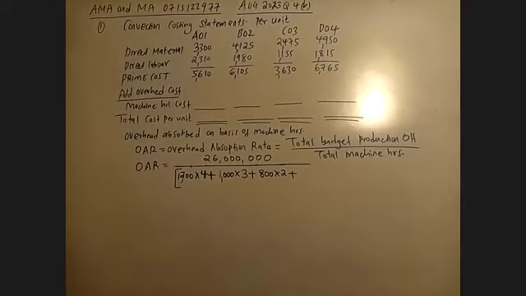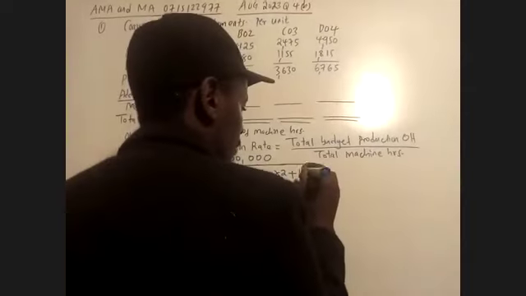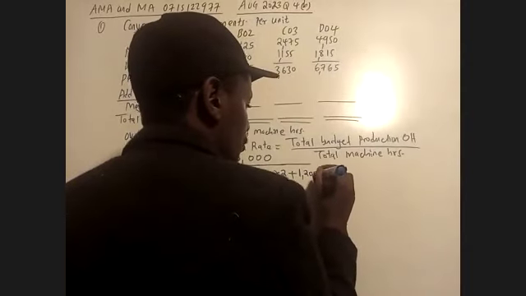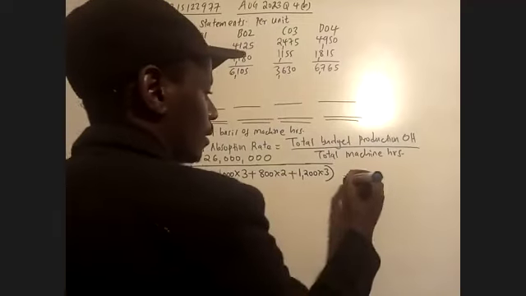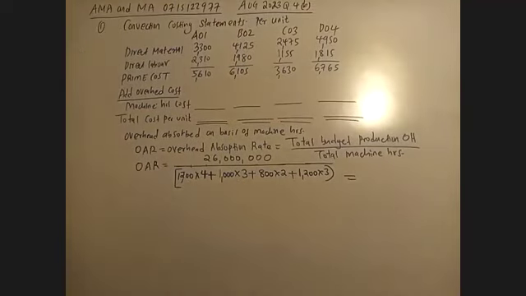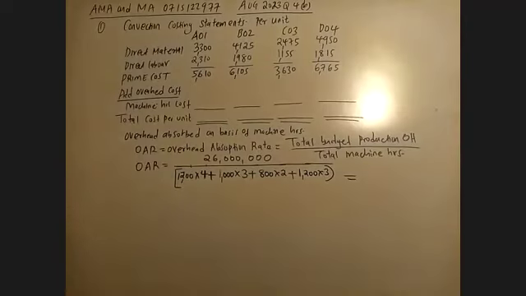The hours per unit is 3 hours and 1200 units. So 1200 times 3. So what will be our OAR? To find our OAR.